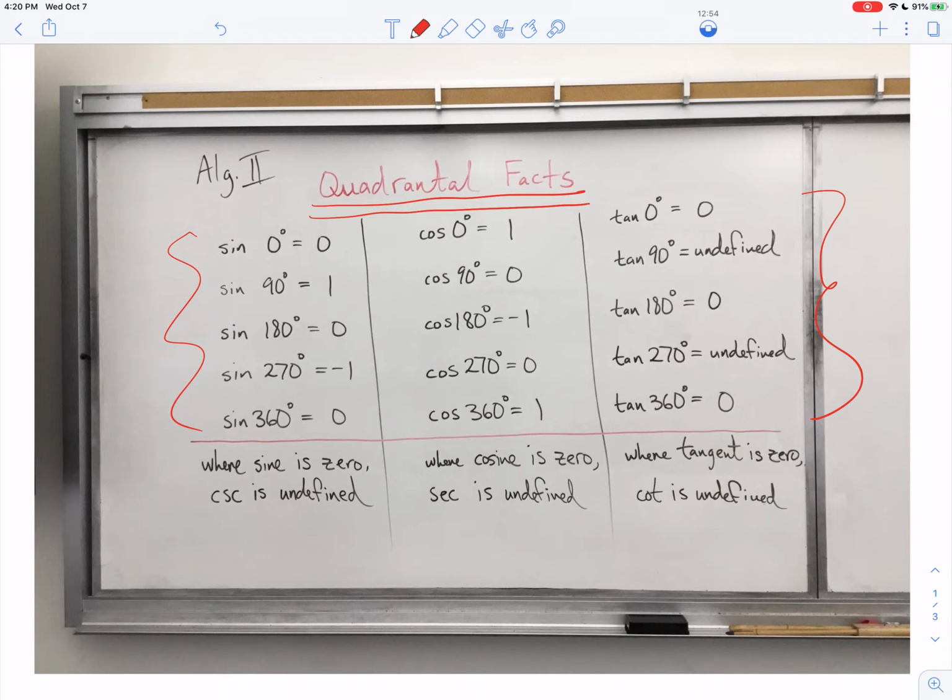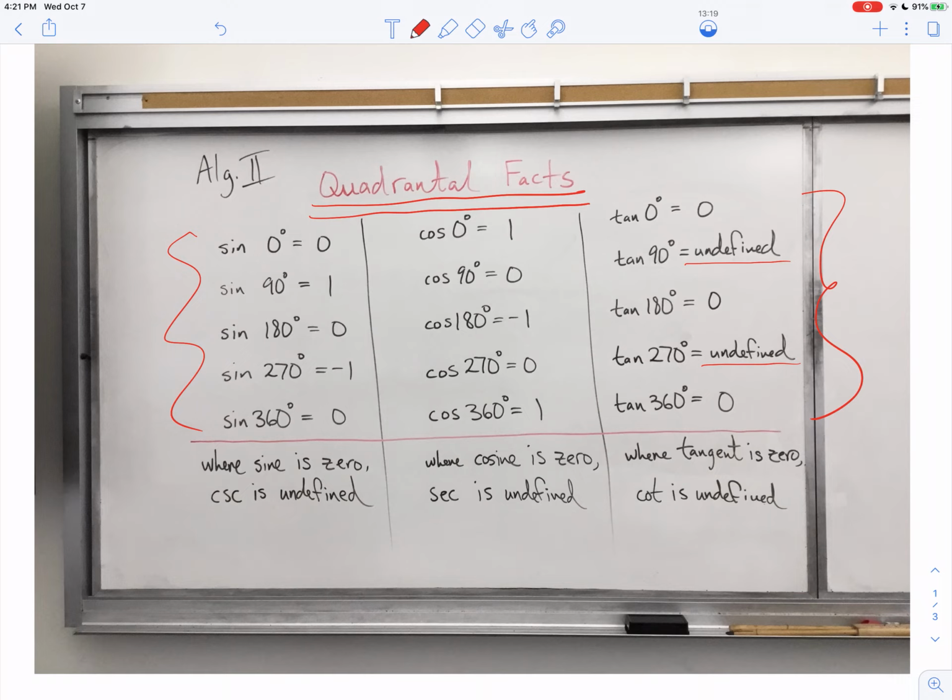And I did the big three. I did sine, cosine, and tangent for you. And you'll notice, tangent of 90, it'll tell you on your calculator, undefined. Tangent of 270, your calculator is going to give you an error message. It'll say error domain.